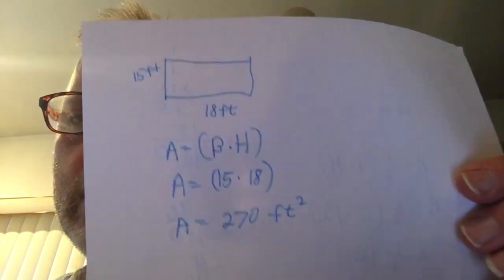And the answer is area equals 270 feet squared. Because you're multiplying 15 times 18, you always have to include your units of measurement.